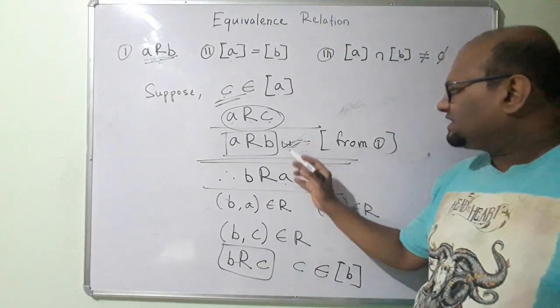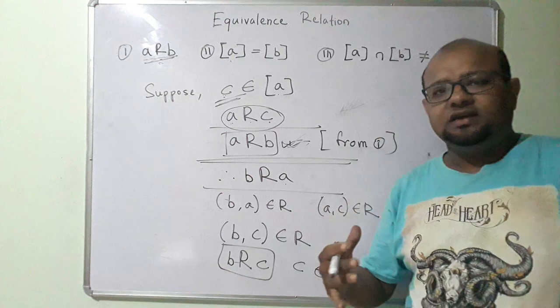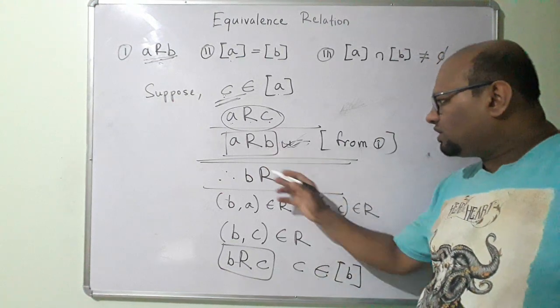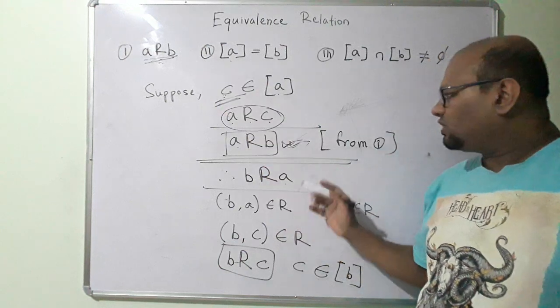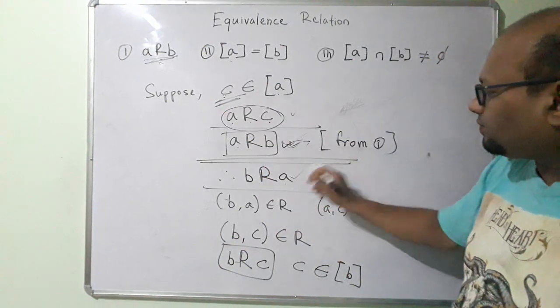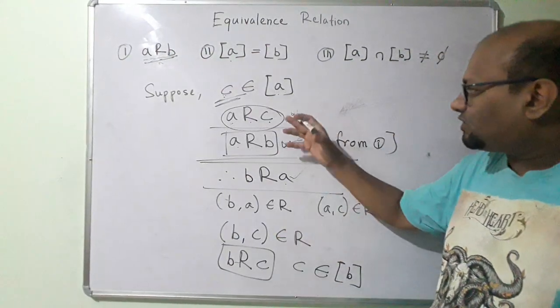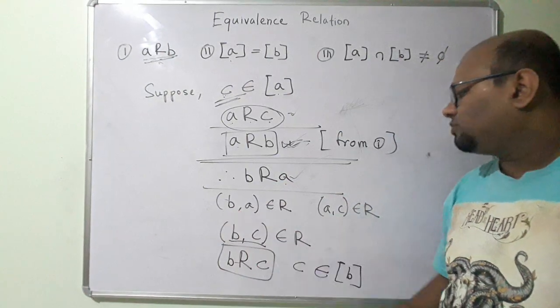Then since this is an equivalence relation, symmetry is there. This relation is symmetric. So if AB is true, then BA should also be true. And from these two, because the relation is an equivalence, it is transitive. So using these two, we have shown that BC also belongs to the relation.